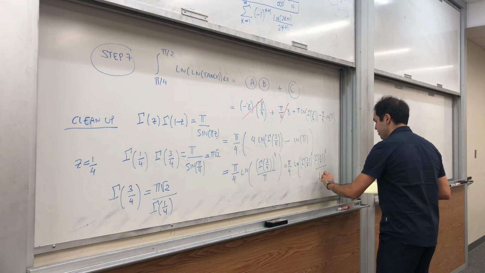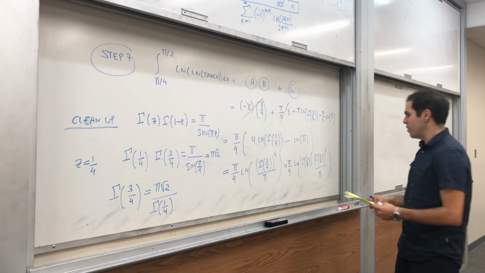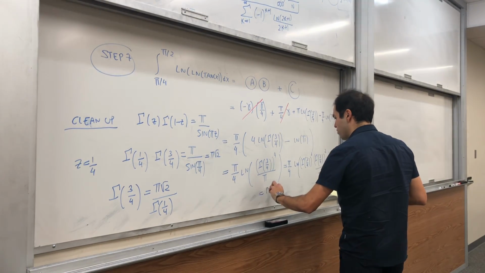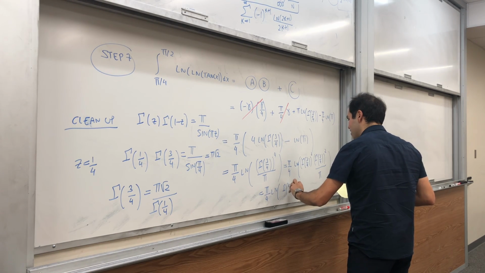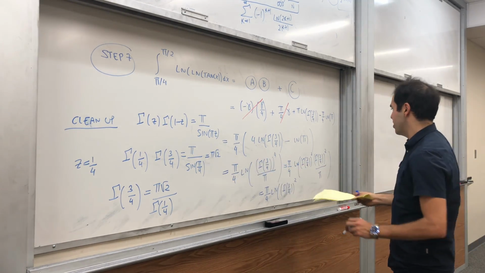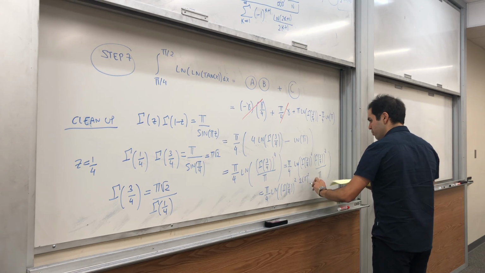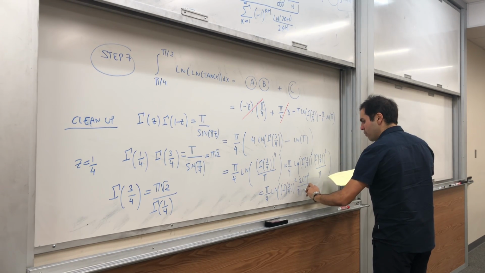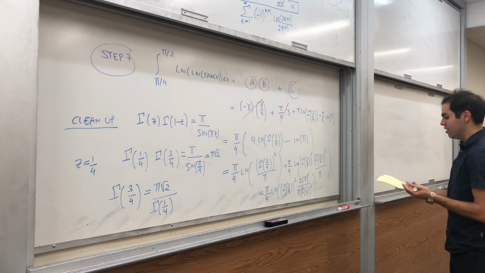Okay, so we have this. And then in particular, we get pi over 4 ln of gamma of 3/4 squared. Now gamma of 3/4 squared becomes 2 pi squared, and we still have this pi, and we have gamma of 1/4 squared.